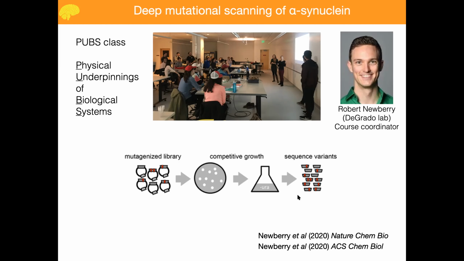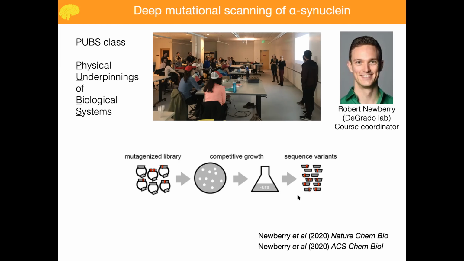And of course, as you can imagine, wild-type alpha-synuclein is already toxic. So if you had a mutation that makes it even more toxic, the frequency of that mutation would relatively decrease compared to wild-type alpha-synuclein. But if you had a mutation that disrupts alpha-synuclein toxicity, that frequency would increase, relatively speaking. And so that's what we were determining in this experiment.